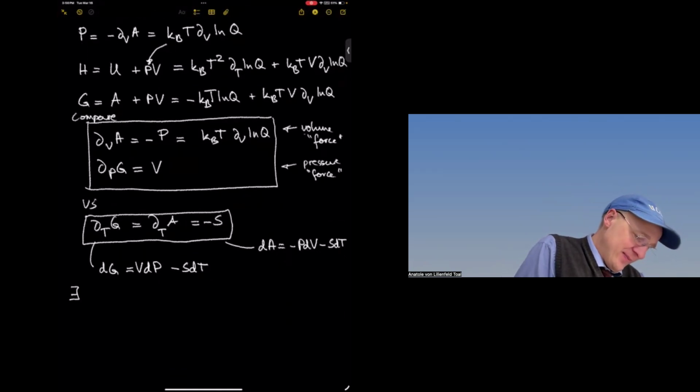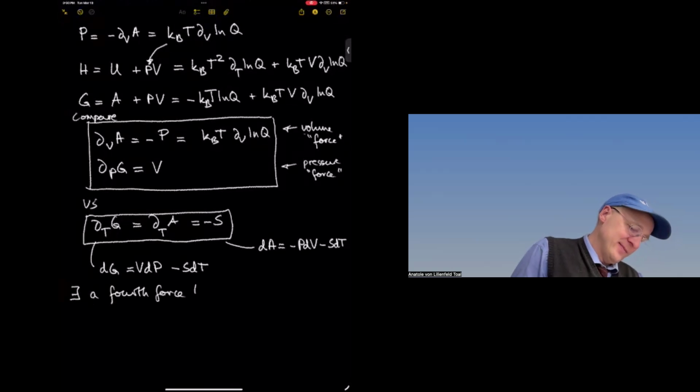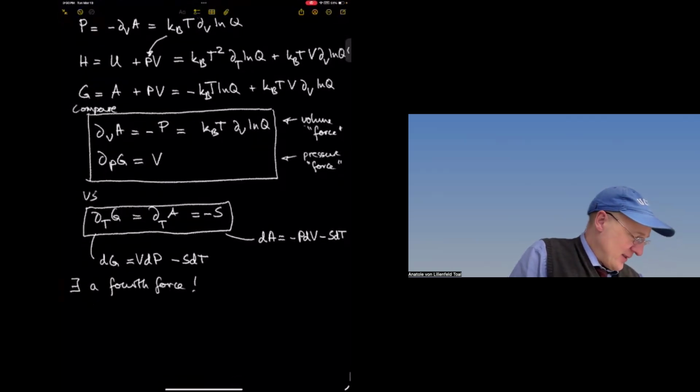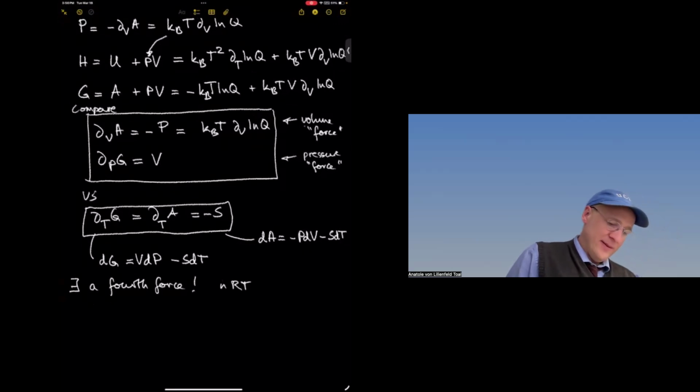There is a fourth force, right? And that's the one. So if you think about nRT equals PV, right? We have all the four. This is, of course, a constant, right? And that's the particle number.